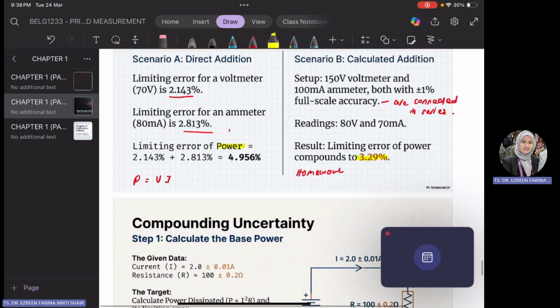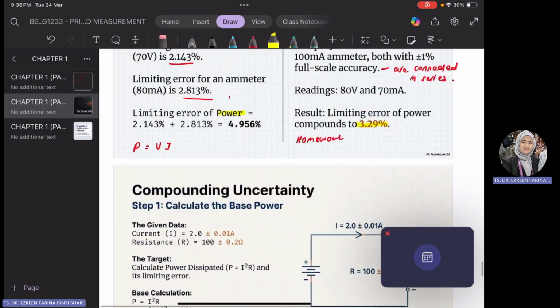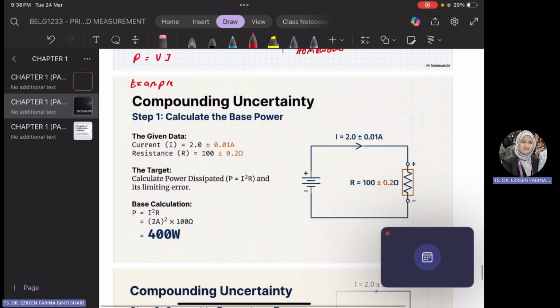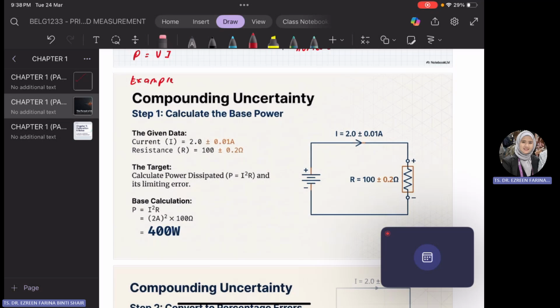Okay. The next example, this is also an example. Given the circuit like this, the current flowing in the circuit is 2 plus minus 0.01 ampere, and the resistance is 100 plus minus 0.2 ohm.